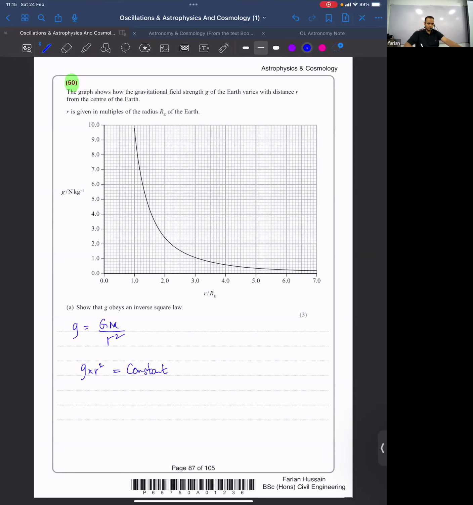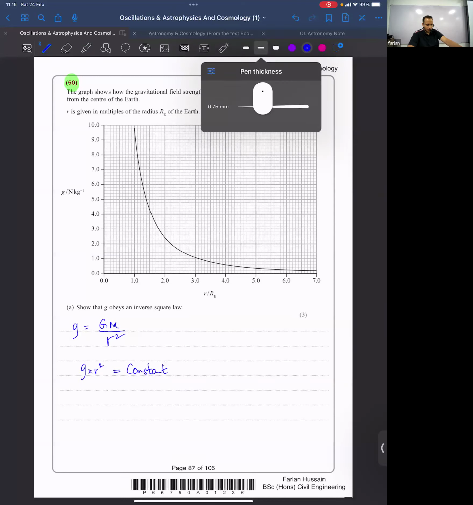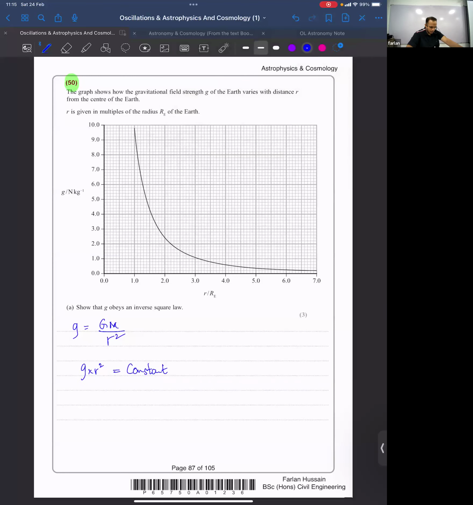So what you need to do is at multiple points, maybe about 3 points: at R equals 1, check the g value and get the g into R square value. At R equals 2, check the g value, get the g into R square value. At R equals 3, check the g value, get the g into R square value.